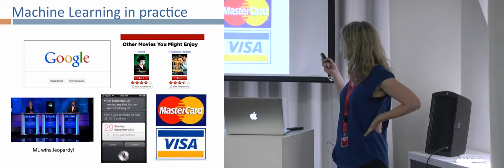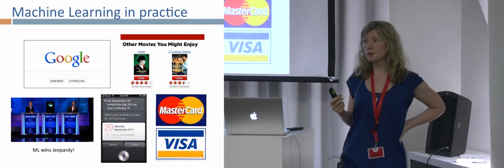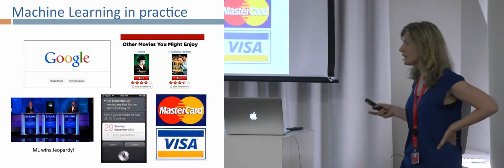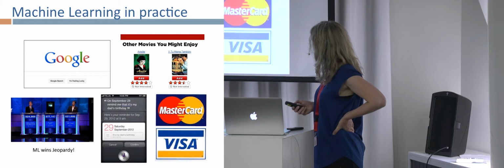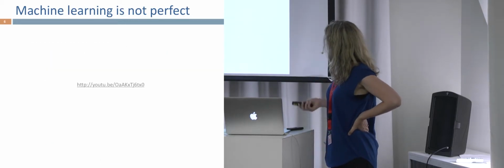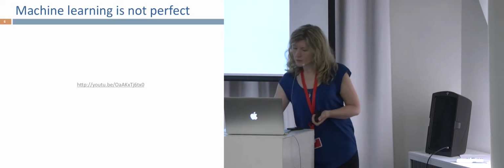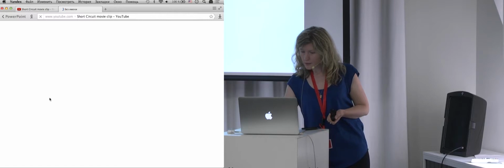Also, a lot of credit card companies use machine learning for fraud prevention. So if you use your credit card in a foreign country, you might get a phone call telling you that your credit card was used maybe fraudulently. All right, so machine learning is prevalent and fairly successful.